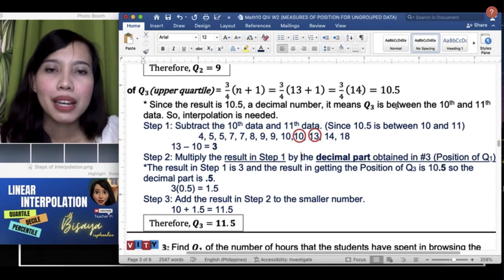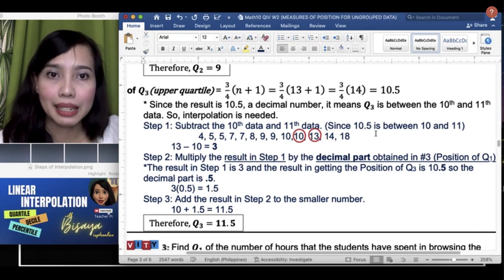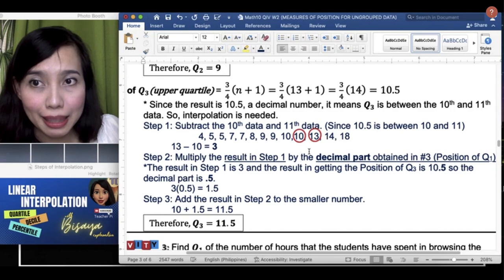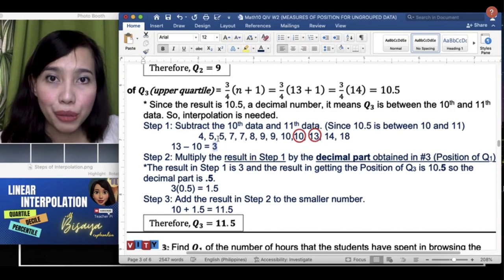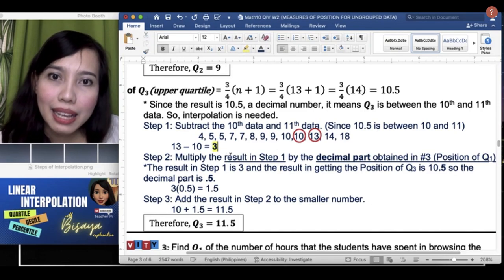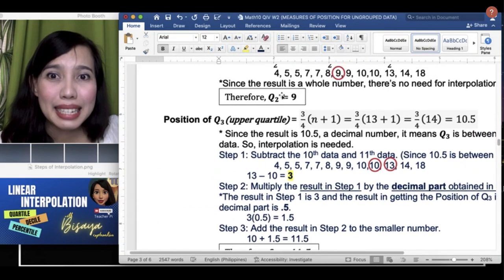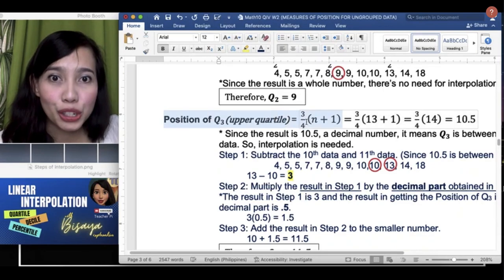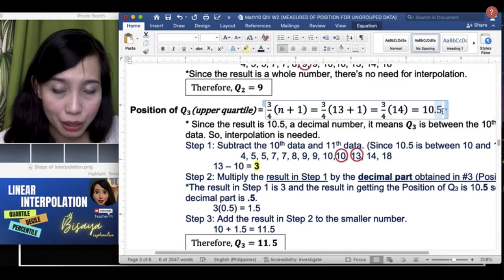Step 1, subtract the 10th and 11th data. So let's get the positive difference. 13 minus 10 is 3. Ang kanang 3 class, i-multiply nato siya sa decimal part, obtained aning nga part sa position sa upper quartile. So the decimal part there is 0.5.